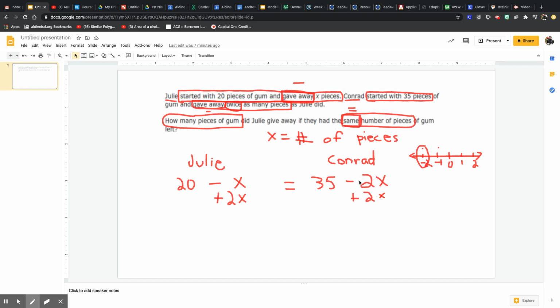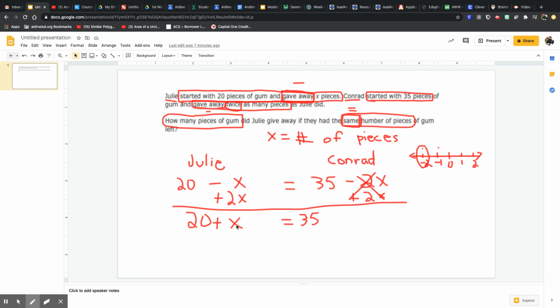You don't have to guess. So I know that negative 2 plus 2 gives me 0. They cancel out. And negative 1 plus 2 gives me a positive x, or plus 1x. So I'm left with 20 plus x is equal to 35. And we got rid of that minus 2x, so we're good.